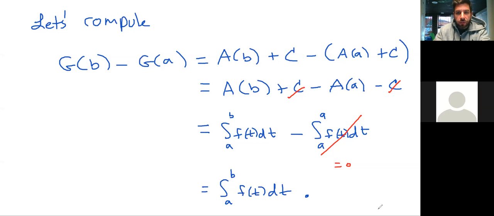So what did we just verify deductively? What's the moral? The moral is what follows.